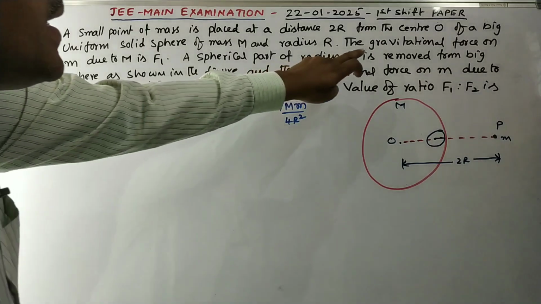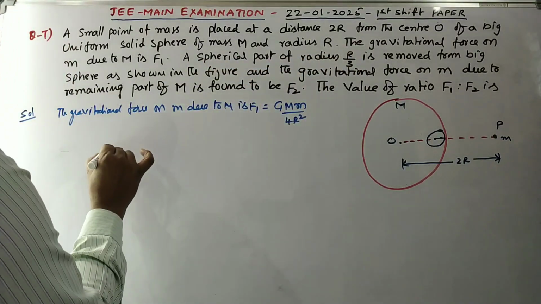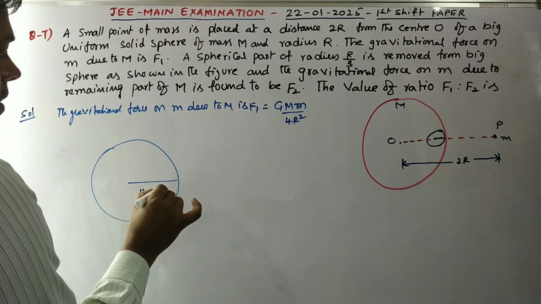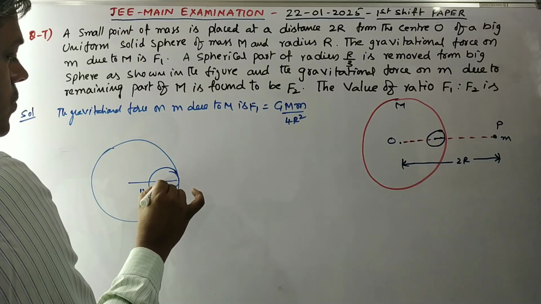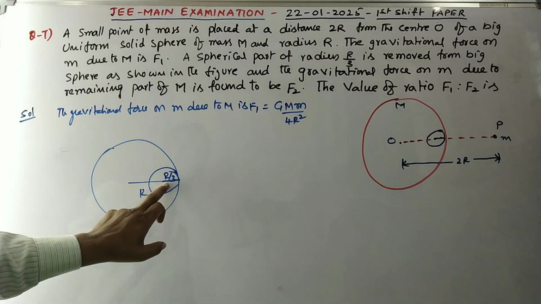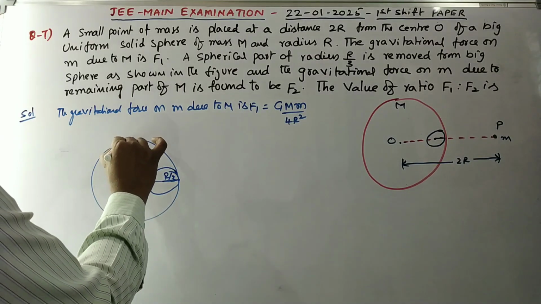Next, a spherical part of radius r by 3 is detached. Suppose this is the big mass with radius R. From this I would like to detach a mass whose radius is R by 3. How much mass is detached from the whole mass M?